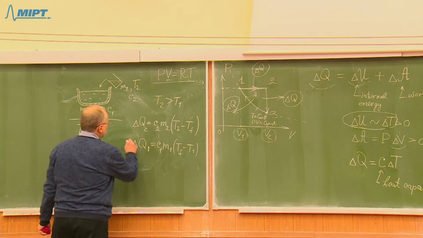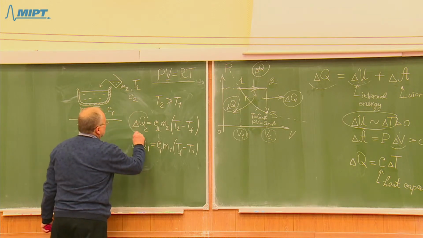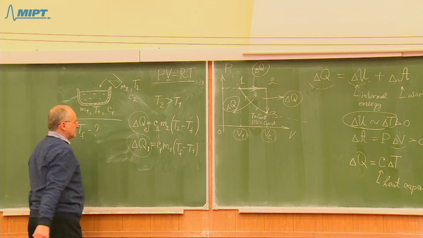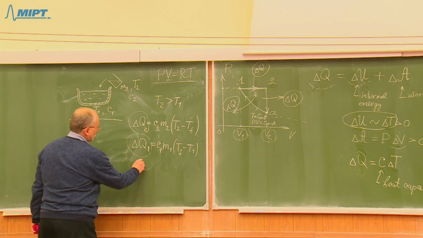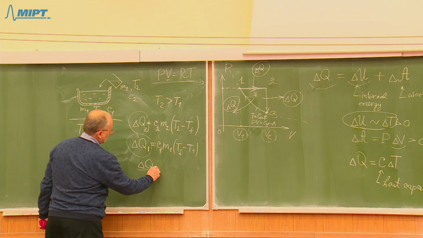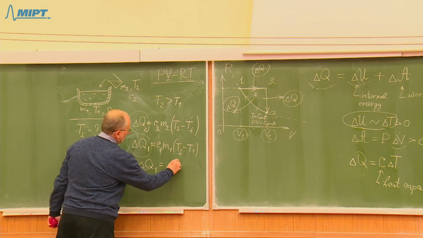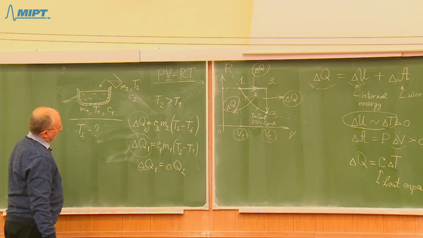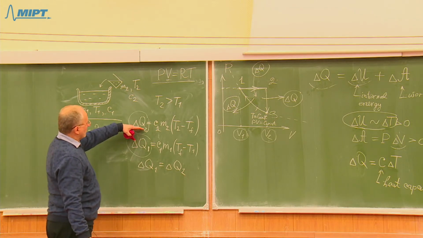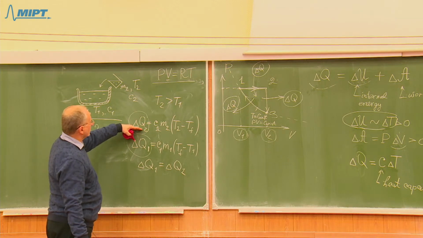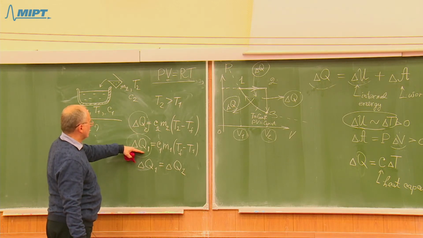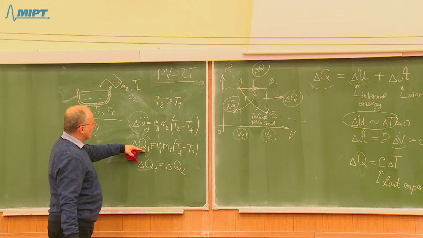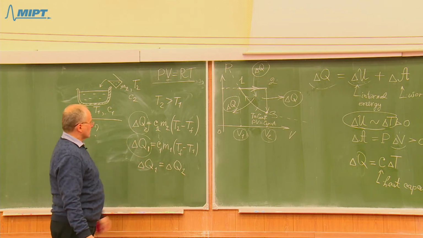It means that the amount of energy lost by the second liquid must be equal to the amount of energy received by the first liquid. So the energy balance in this case will be delta Q1 equals delta Q2. The heat energy lost by the second liquid should be equal to the amount of heat energy absorbed by the first liquid.